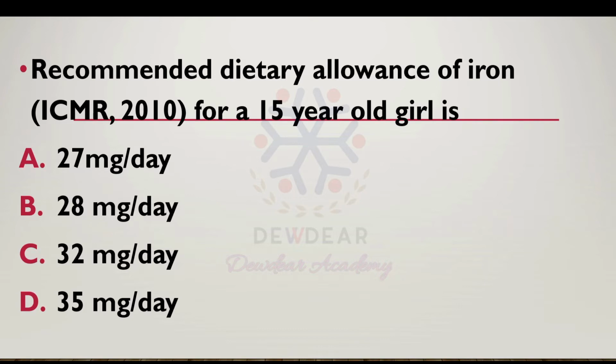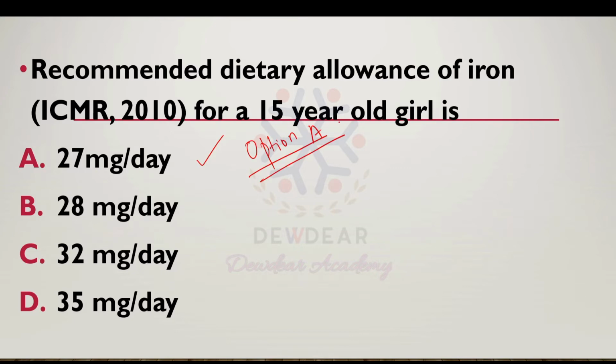According to ICMR 2010, the recommended dietary allowance for a 15-year-old girl is 27 milligram per day. Option A is the answer.